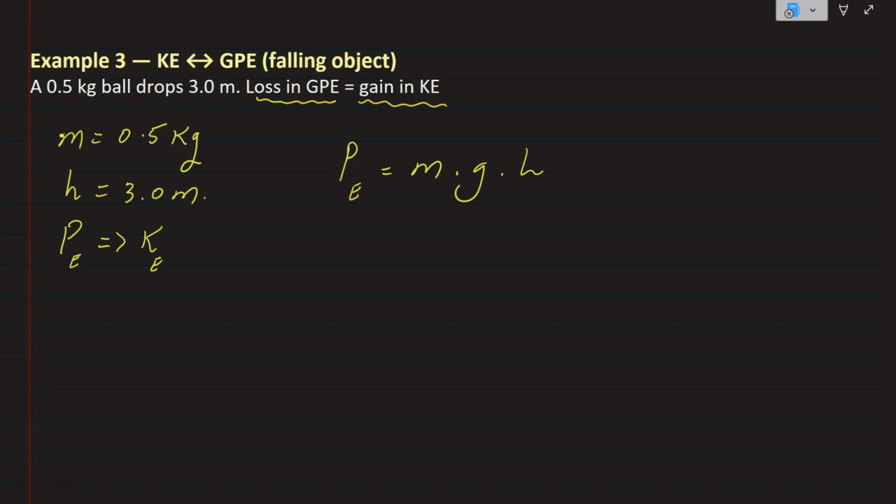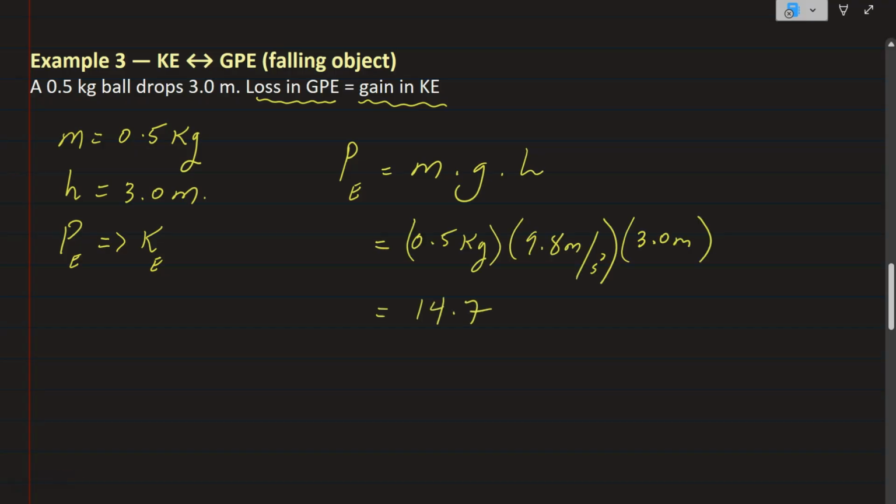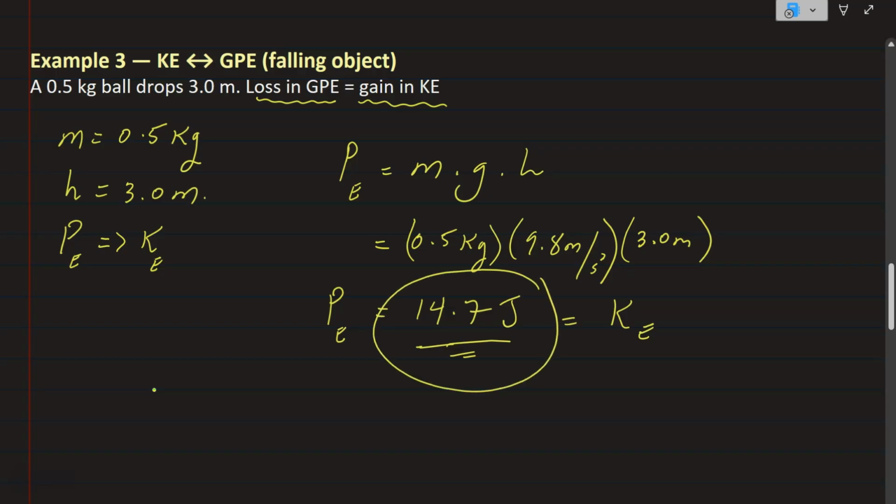So let's figure out what that is. Plug numbers in. So that is 14.7 joules, but I need to add something here. Now, this is the potential energy, which is equal to the kinetic energy. But remember that the total loss in the potential energy is equal to the total gain in the kinetic energy. But the maximum value is this 14.7 joules for this system.